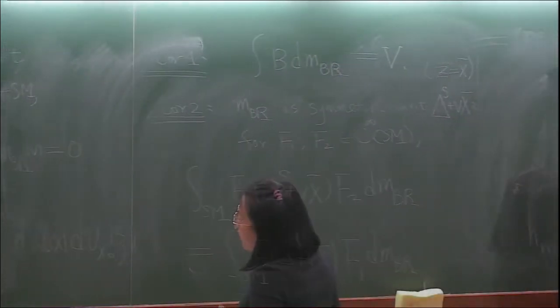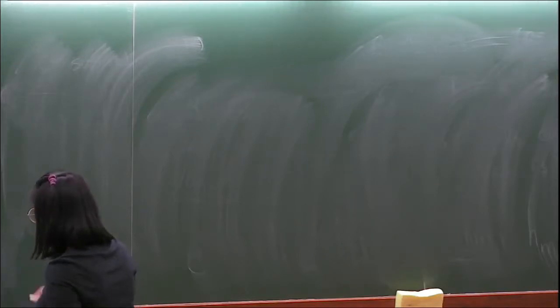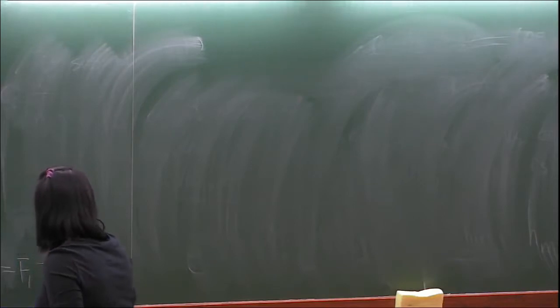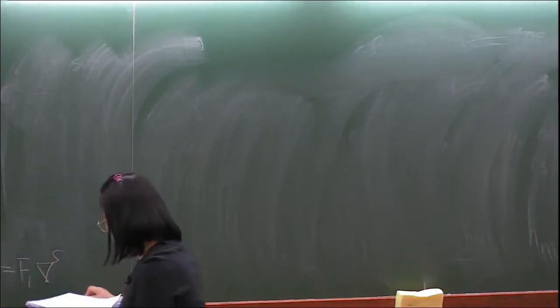Okay, so what is the proof? Again, you use this formula, but this time you use what? You apply it to Z equals F1 gradient S F2.